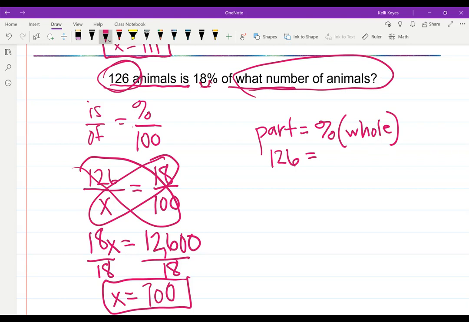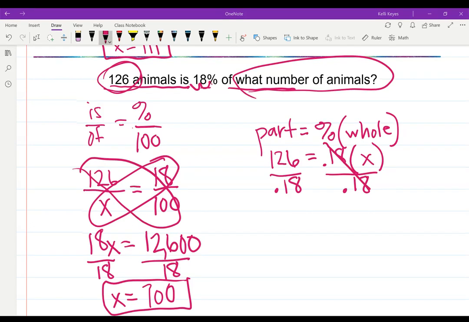Remember, I divide by 100, so 2 places. So 0.18 times the whole, which I don't know, so I'm just going to put that as x. And then now I solve for x by dividing by 0.18. So 126 divided by 0.18 should also be 700.